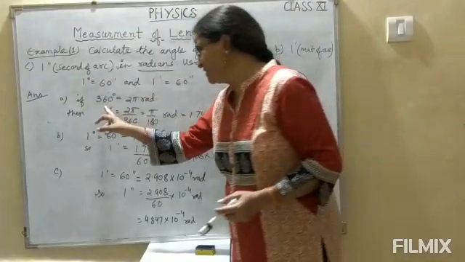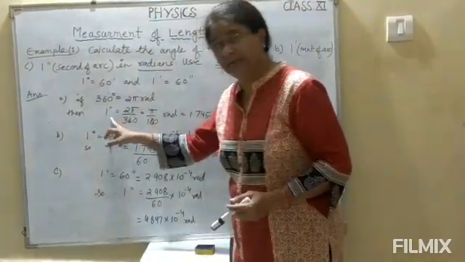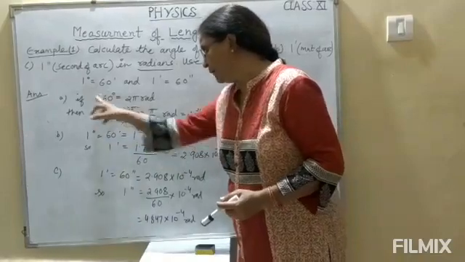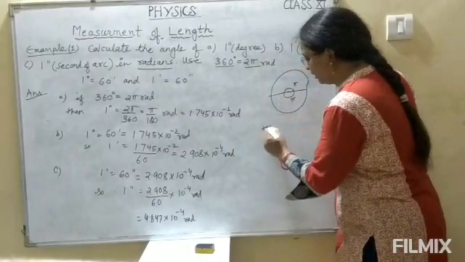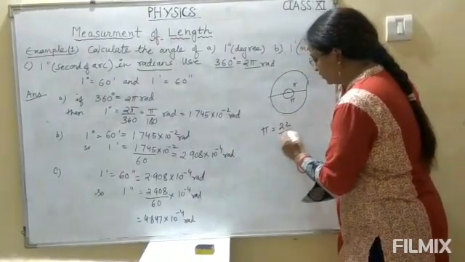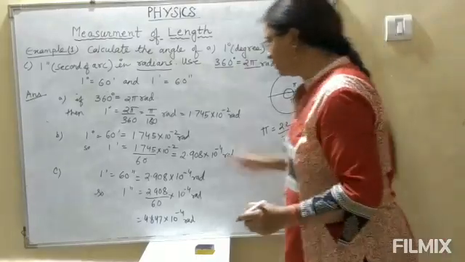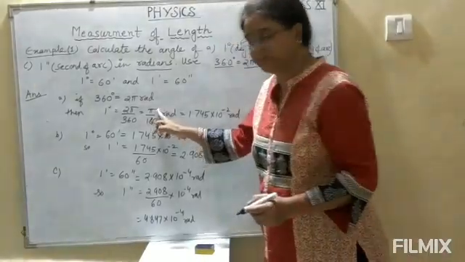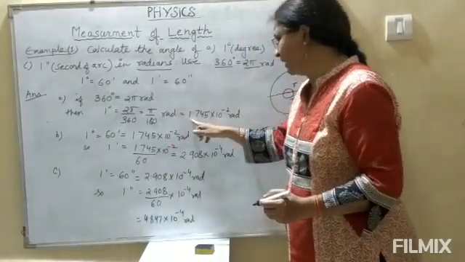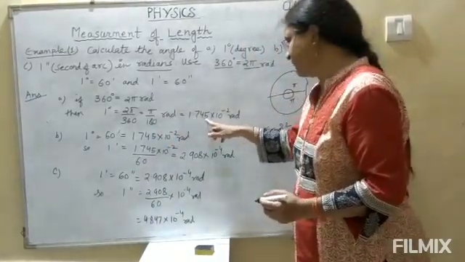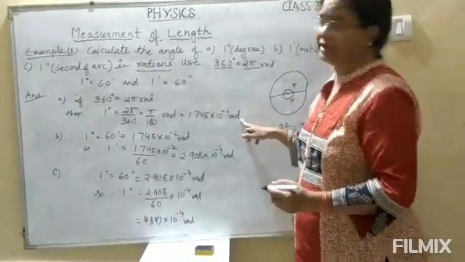As we know 360 degree is equal to 2 pi radian, so 1 degree will be equal to what? 2 pi upon 360, and the value of pi that you already know, that is 22 upon 7 or 3.14. So put the value of pi, that is 3.14 upon 180 radian. So you will get the answer 1.745 into 10 raised to power minus 2 radian.